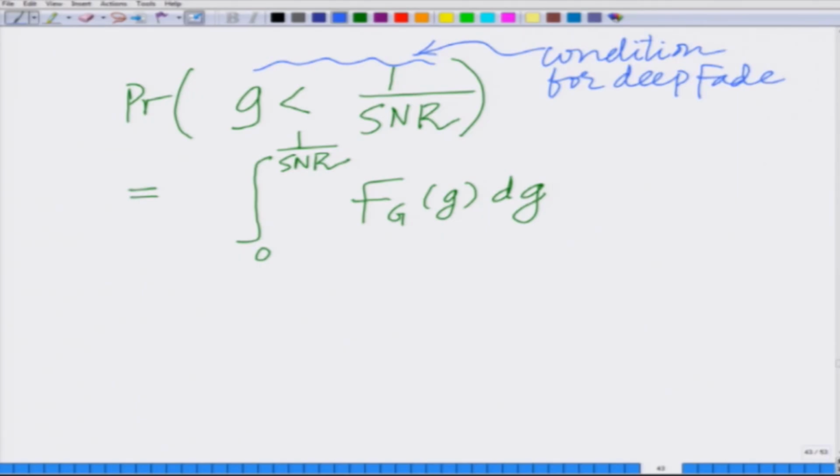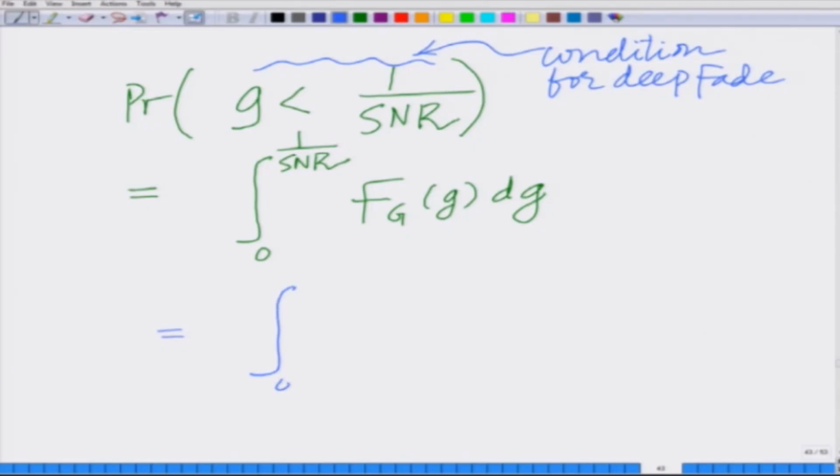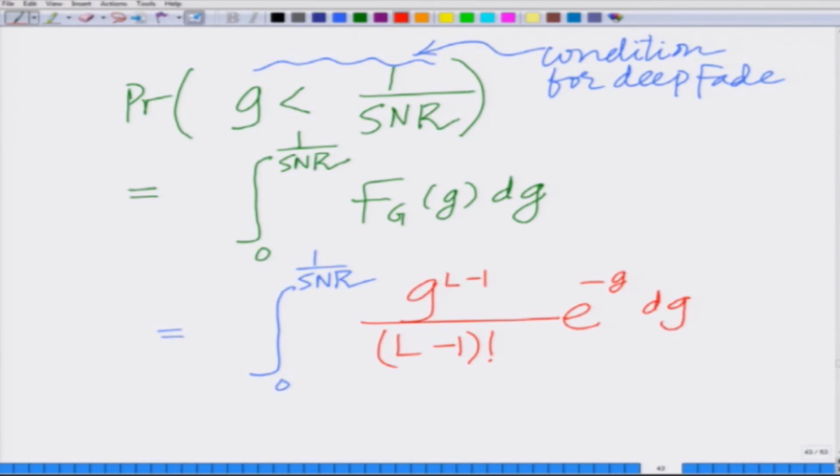The probability of deep fade is basically the probability that G is less than 1 over SNR, which is given as the integral from 0 to 1 over SNR of G raised to L minus 1 divided by L minus 1 factorial times e raised to minus G dG, correct.